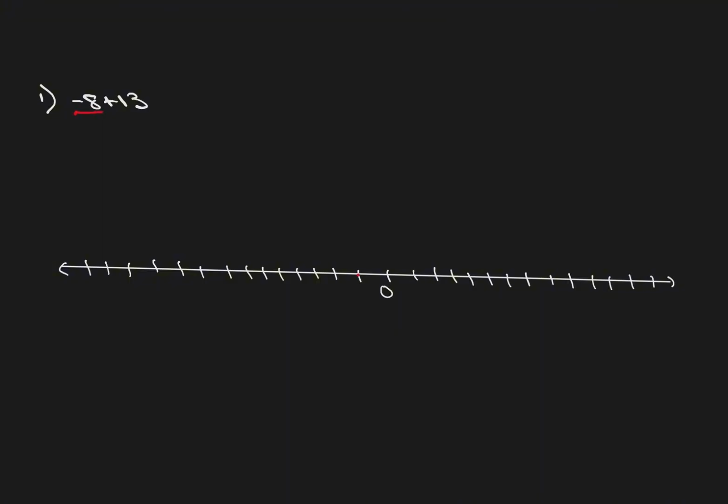Let's count. 1, 2, 3, 4, 5, 6, 7, 8. -8 is located here. Now we need to jump 13 steps, but we don't know if it's to the left or right of -8. We can determine this by looking at the sign in front of 13. It's positive, which means we're going to be going to the right of -8 on the number line.